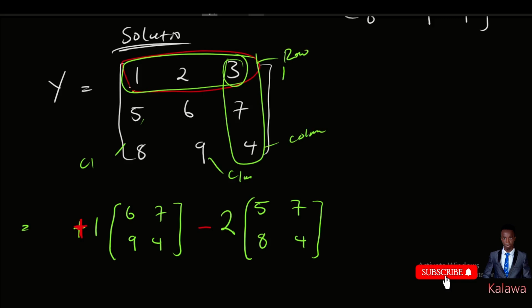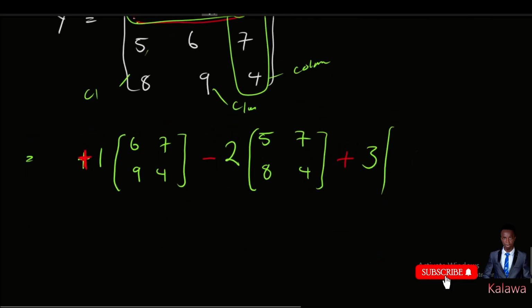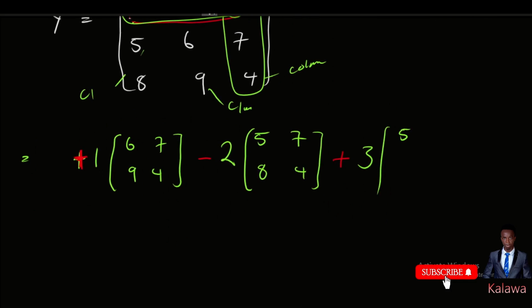And be careful of the sign. So if here is minus, it's going to be plus 3 into. So what's the minor? The minor here is 5, 6, 8, and 9. These are the minors.